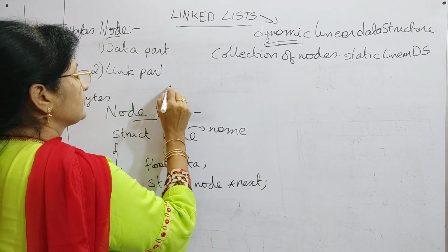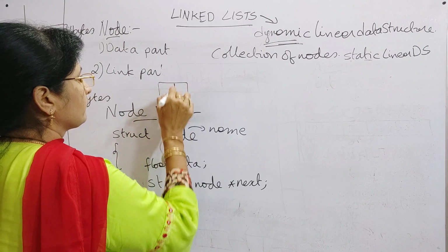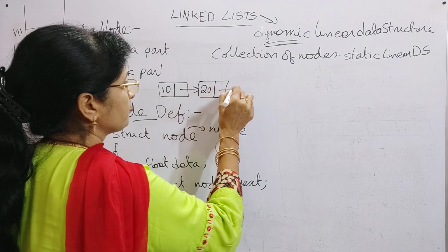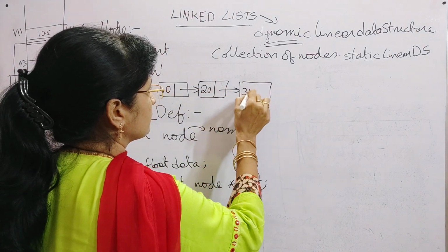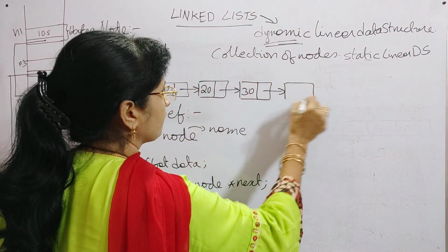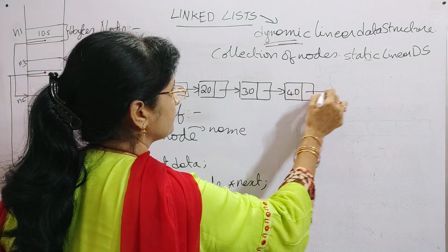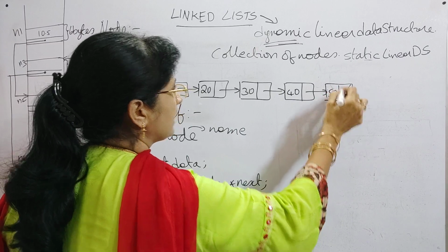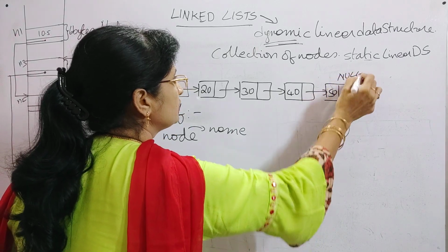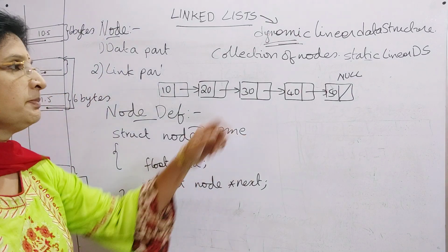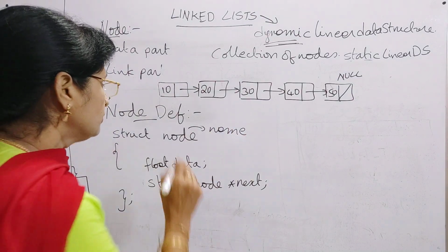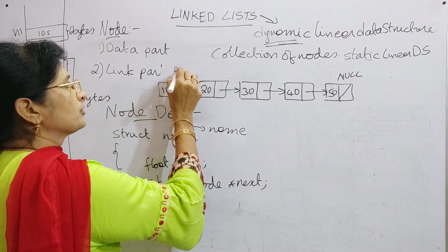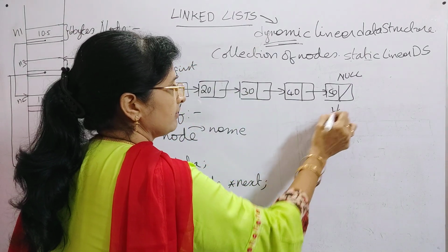This is a linked list with 10, 20, 30, 40, 50, and this is null, the last node's next is null. Suppose this is the address of the first node, and this is the last node.